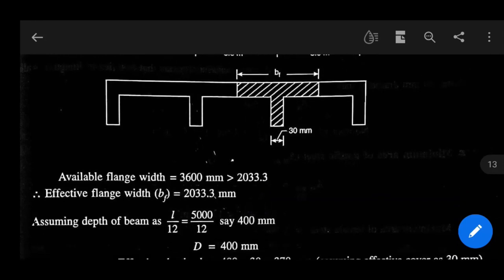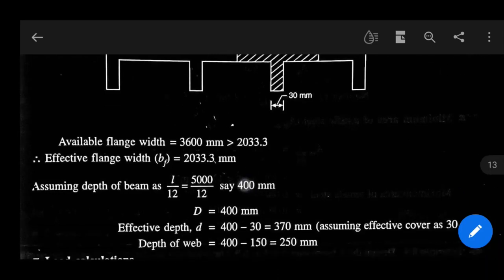Now assuming depth of beam as L by 12, as for the assumption which is discussed in the first lecture of T-beam, link is given below. So that is equal to 5000 by 12, say 400 mm. So depth capital D is 400 mm.